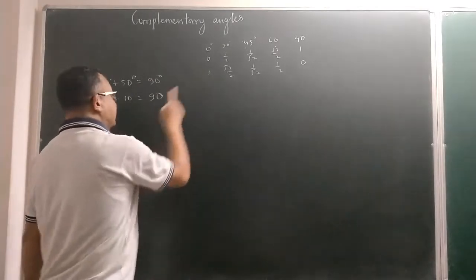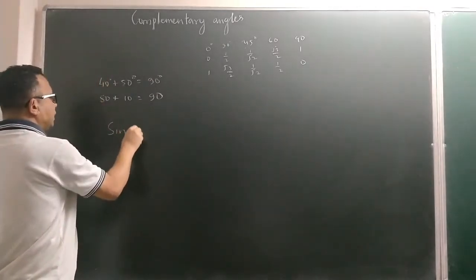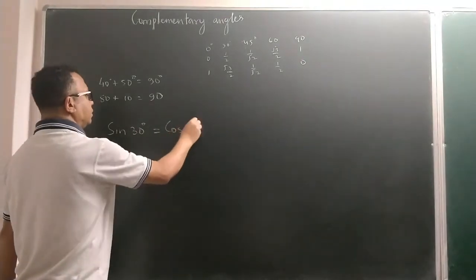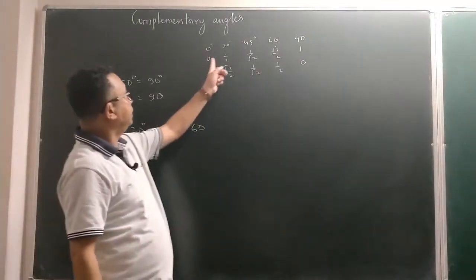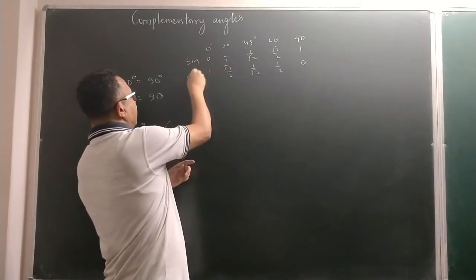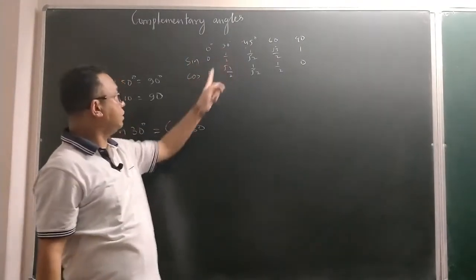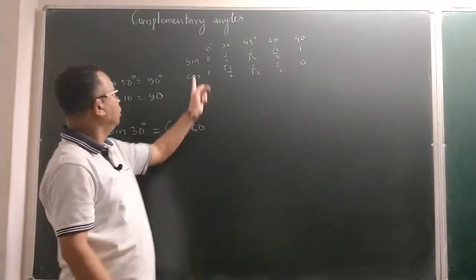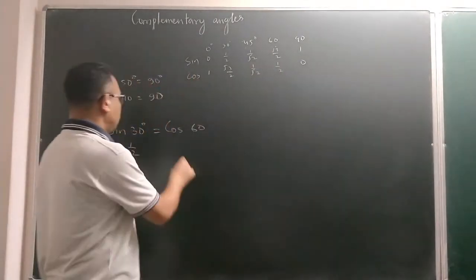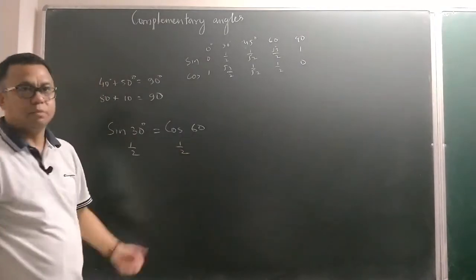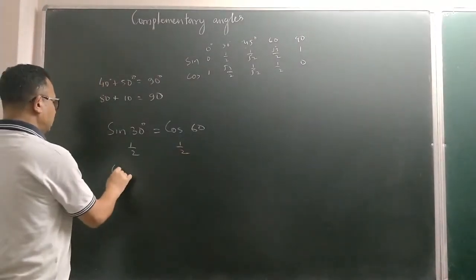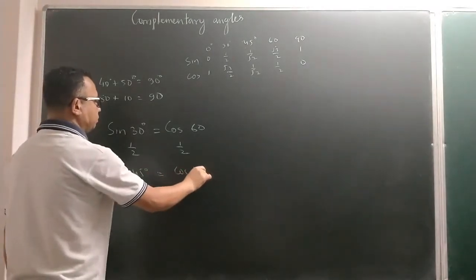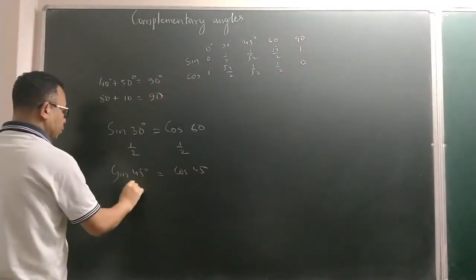Now what you can see is, what is sine 30 degree? Same is the value of cos 60 degree. Check the value. If the first line is the value for sine, the second line is the value for cos. Sine 30 value is half, and cos 60 value is also half. Similarly, sine 45 degree is the same as cos 45, both 1 by root 2.